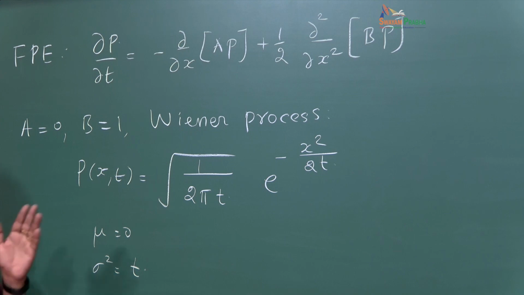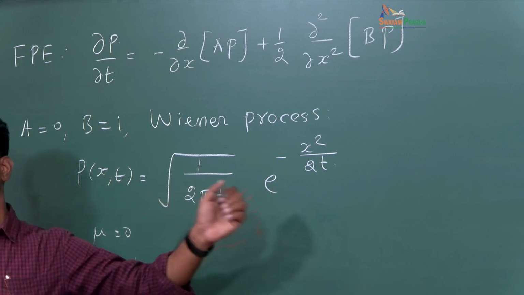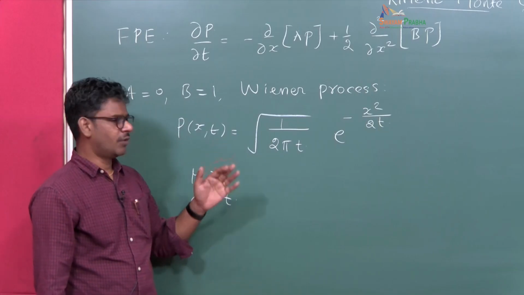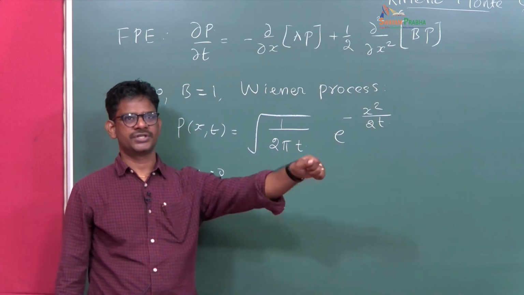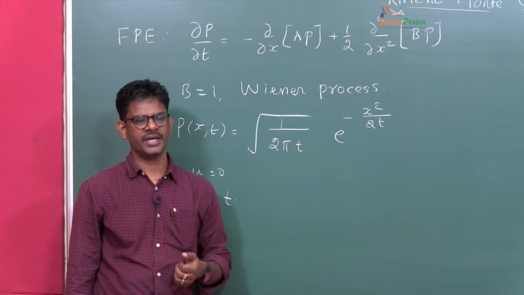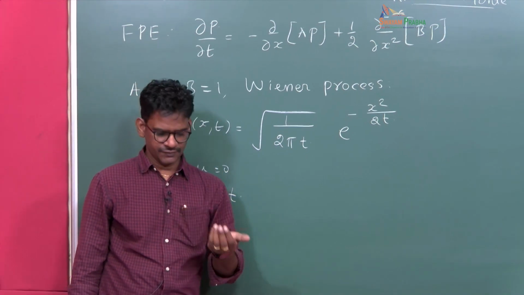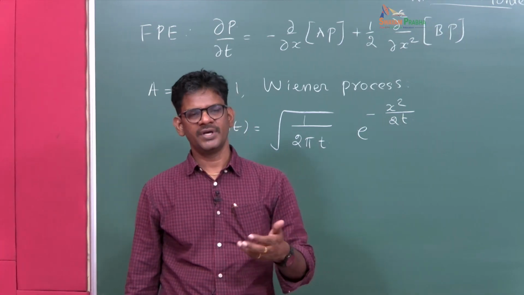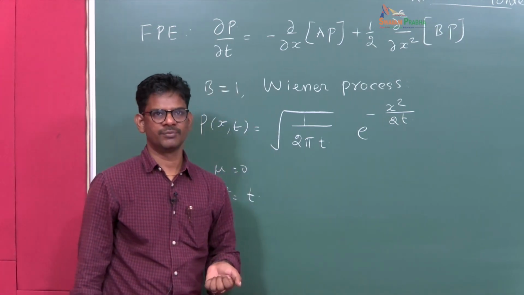So we can solve for the probability distribution of the particle position itself. Now what I mean by numerically solving this is that suppose we want to look at the individual trajectory of a Brownian particle. That is called the sample path. As we know, this is a stochastic process, so each sample path will be different, but from those sample paths we can get the mean and standard deviation.